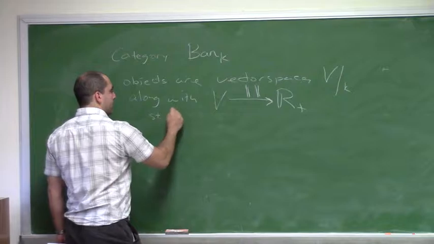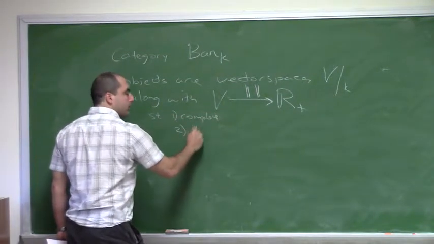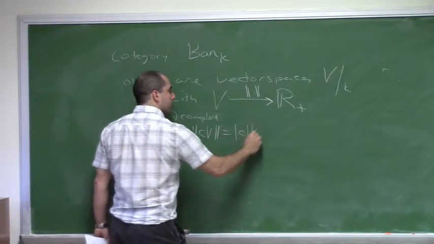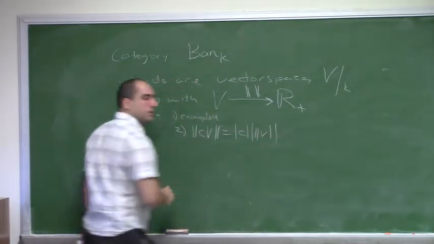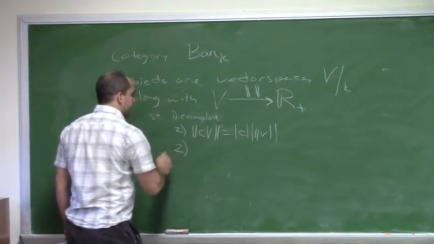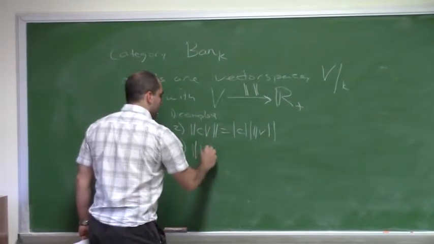So it's complete. It's compatible with the other norm, with the value, for all scalars. It should satisfy the triangle inequality.